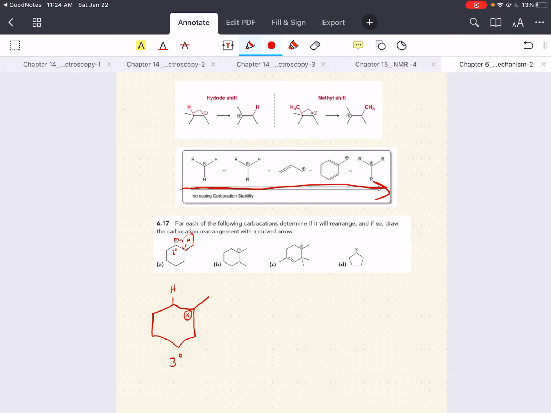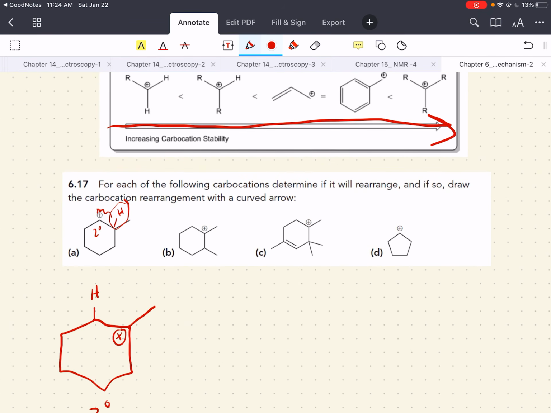All right, let's look at B. B has a tertiary carbocation. We can just end the conversation there. Why? Because moving a hydrogen nearby over here is simply going to move the positive charge here, and you'll have the exact same tertiary carbocation on either side.